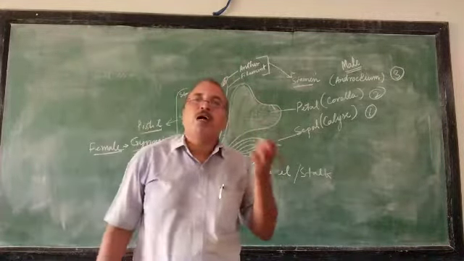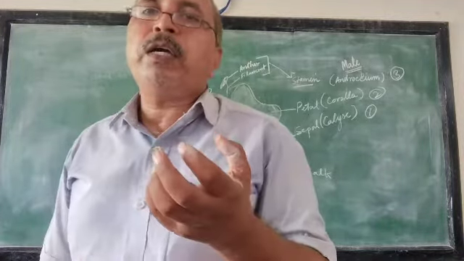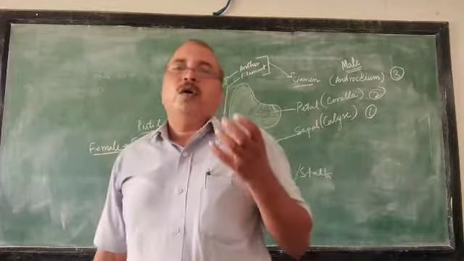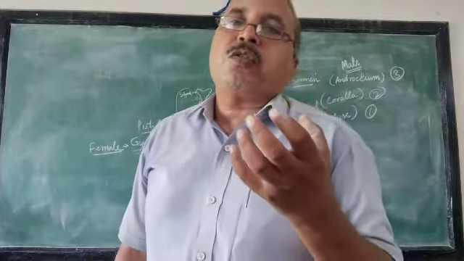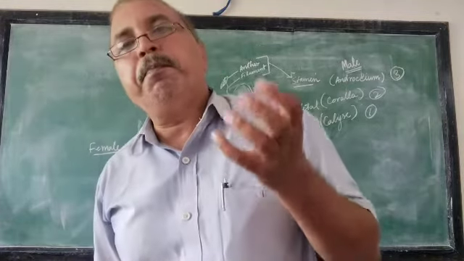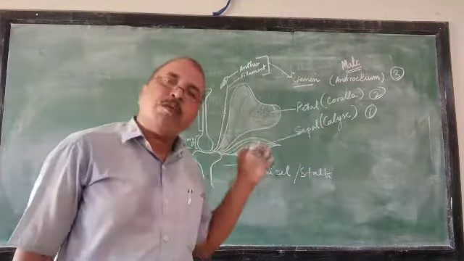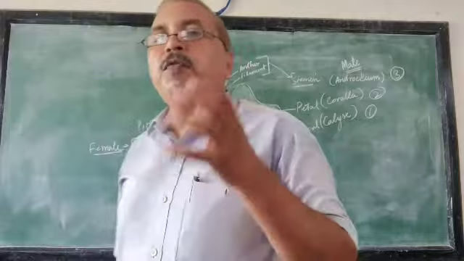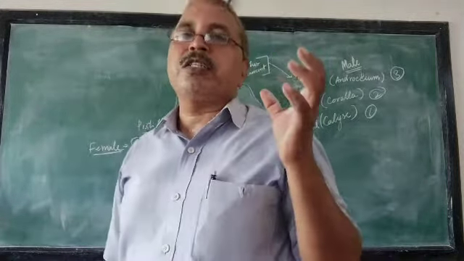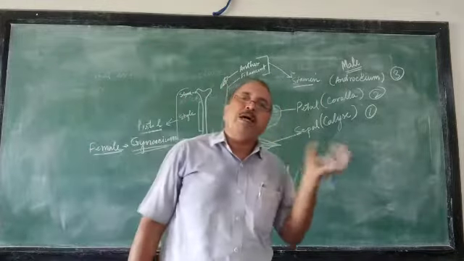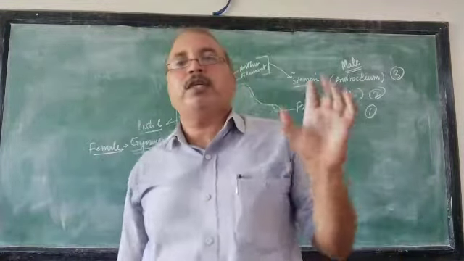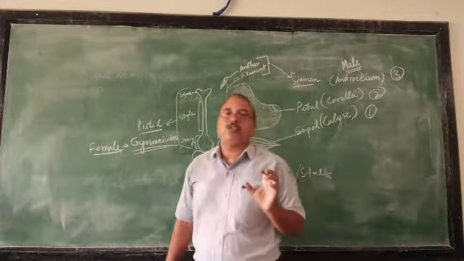Will you remember what a bisexual flower is? A bisexual flower has both the male part, that is androecium, and the female part, that is gynoecium, existing in that flower. Such a flower is known as a bisexual flower.